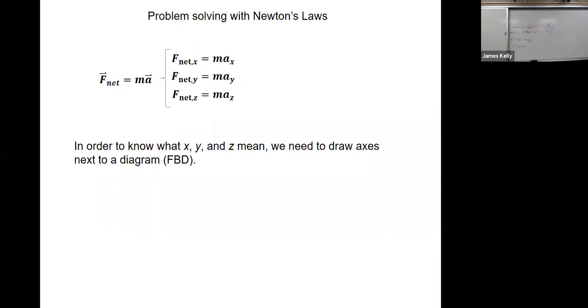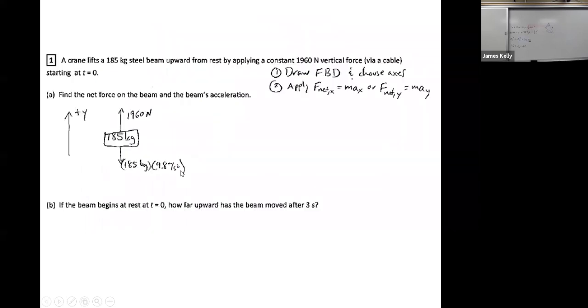So we're going to use these to calculate these three equations, maybe just two of them in some situations. In order to know what they mean, we need to draw the axes on a little cartoon of the situation. And that's what you saw in the usual cartoon I'll use, a free body diagram. We need to say what x and y mean.